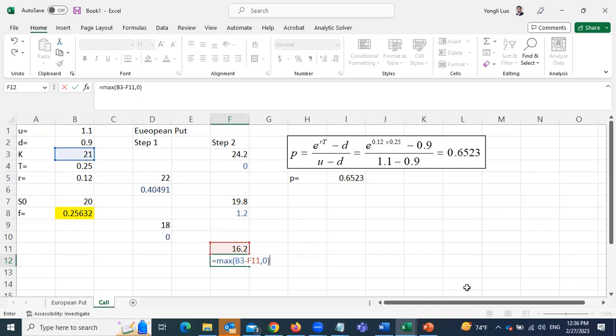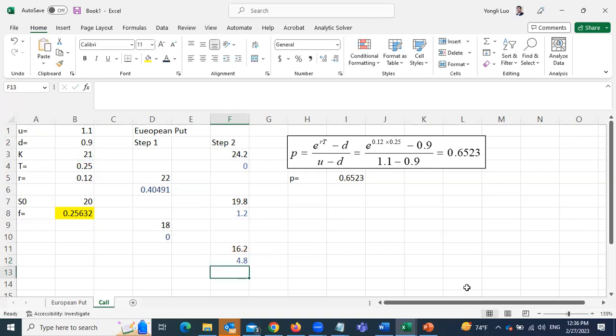Okay, so we go to this one, click on enter. So it's 4.8. Okay, so now we can see the formula here.